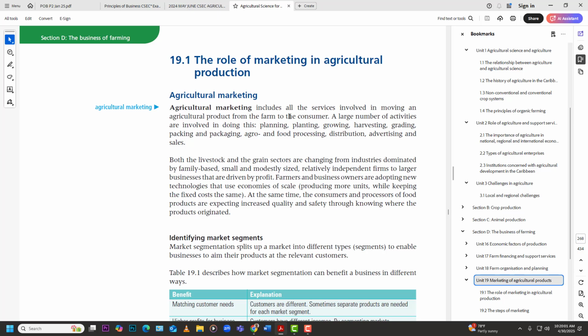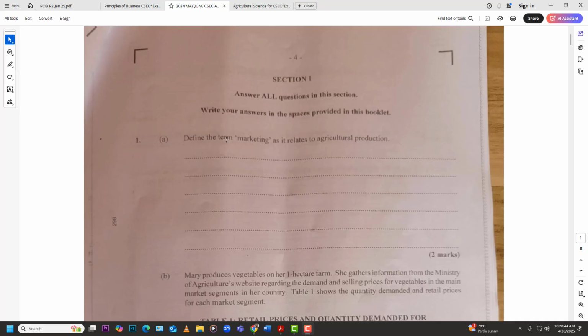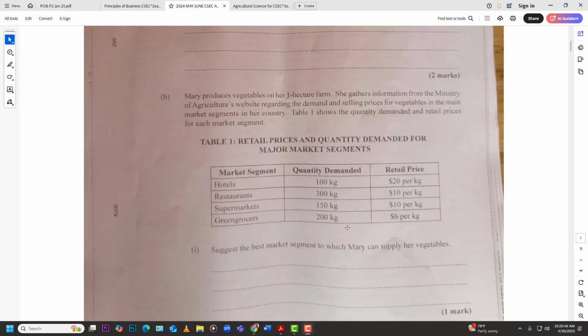Agricultural marketing includes all the services involved in moving an agricultural product from the farm to the final consumer. That's basically what marketing is, whether it is agricultural or not. It's all about the steps you take to get your product from the producer to the consumer, everything in between. And that is agricultural marketing, or marketing in a nutshell. So straight up, 1 time, 2 marks. Easy, just like that.